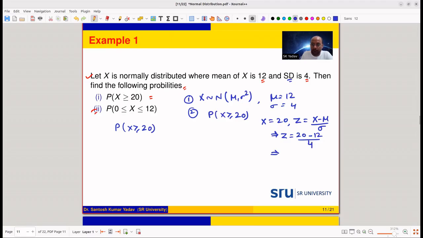This implies z will be 8 by 4, which is 2. So x equal to 20 is changed into z equal to 2. And this means the problem is now changed to p of z greater than or equal to 2.